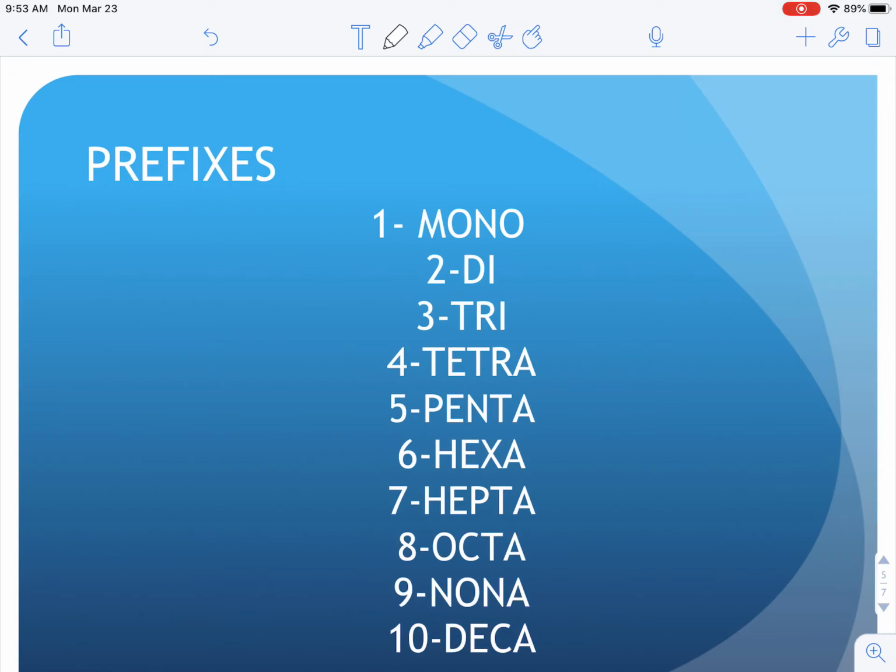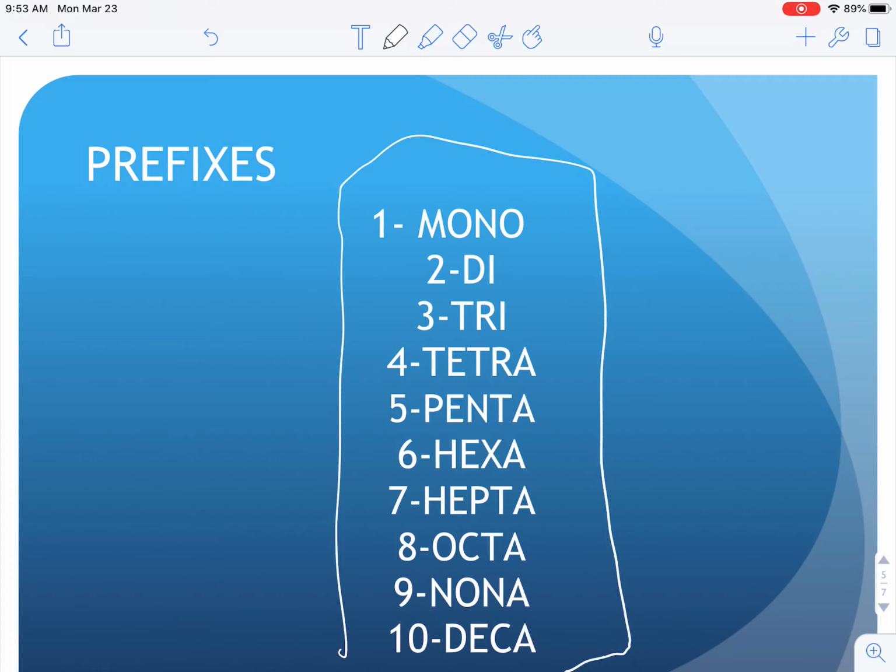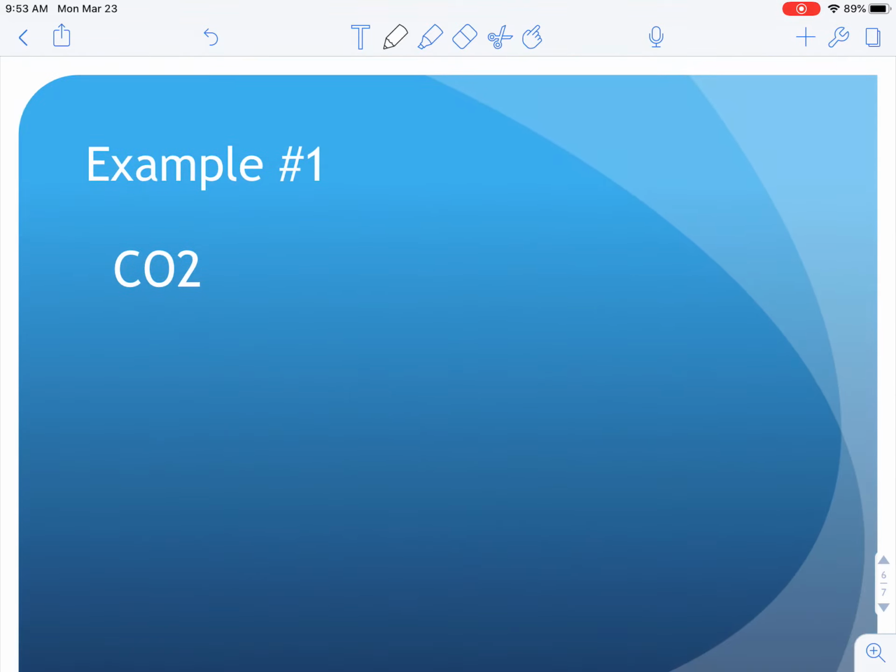So let's talk about the prefixes. So first off is going to be mono is for 1, di is 2, tri is 3, tetra is 4, penta is 5, hexa is 6, hepta 7, octa 8, nona is 9, and deca is 10. I would recommend writing these somewhere on your periodic table. That way you have them at your disposal at all times.